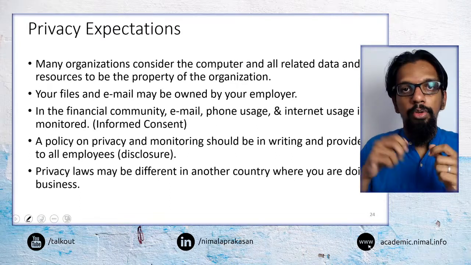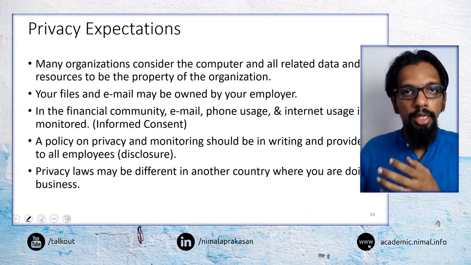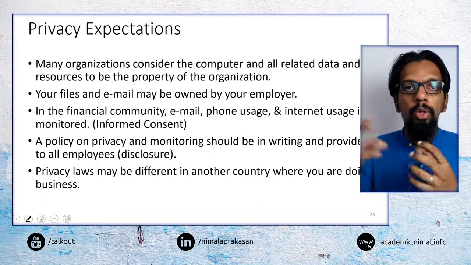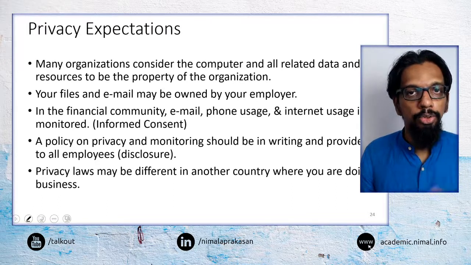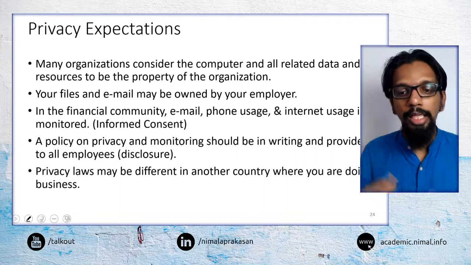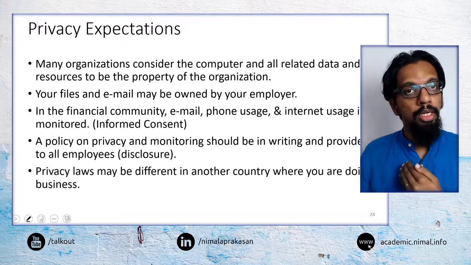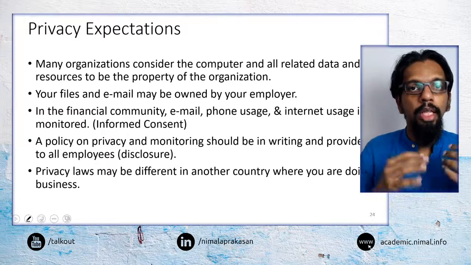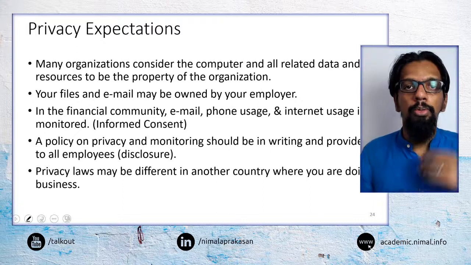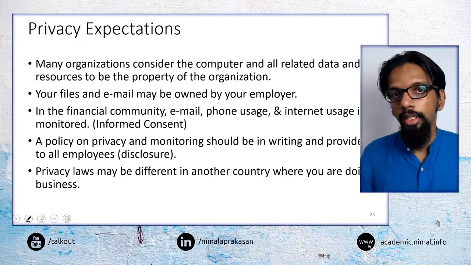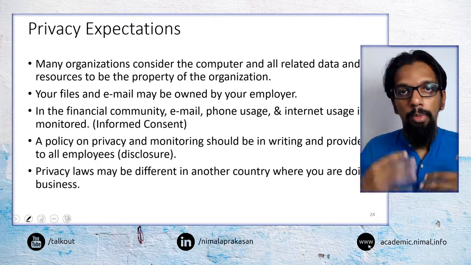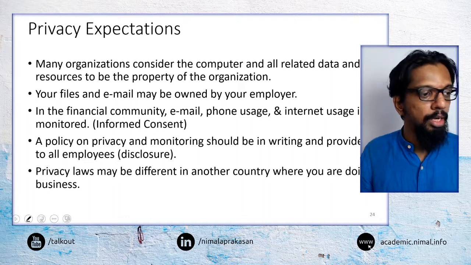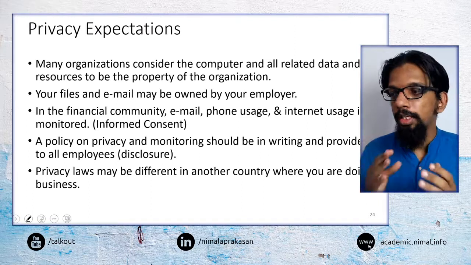So for example, if you use the work email and send an email to another colleague talking about your manager, you may expect that that email is not going to be released to the manager. The manager should not be able to see that. That may be an expectation. But in certain organizational environments, the policies can specify that everything belongs to the employer. So the organization will have access to everything. But it has to be specified, because normally a user expectation will be something in terms of privacy, but in reality that may be something different.